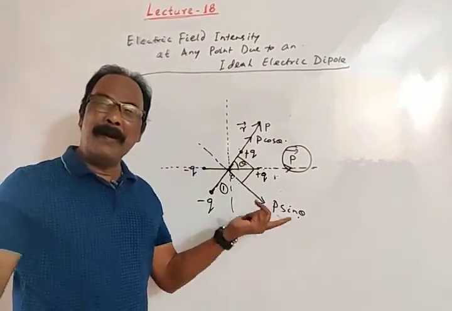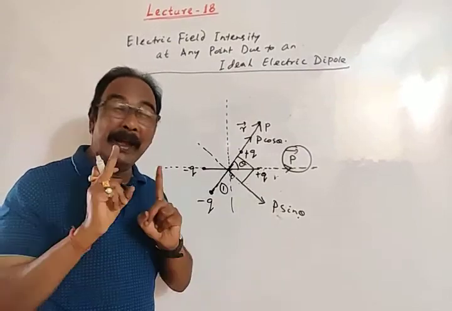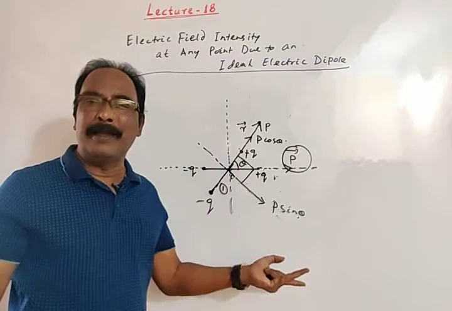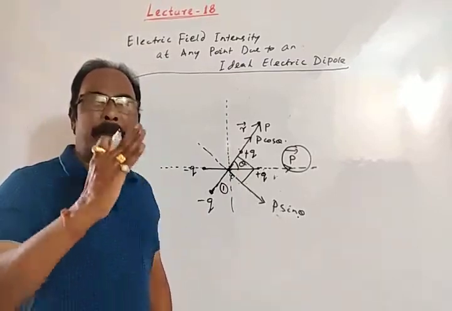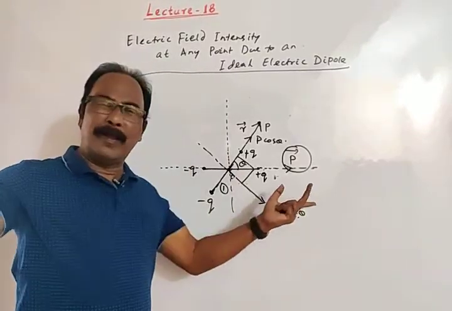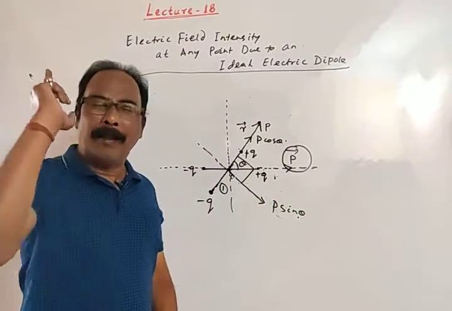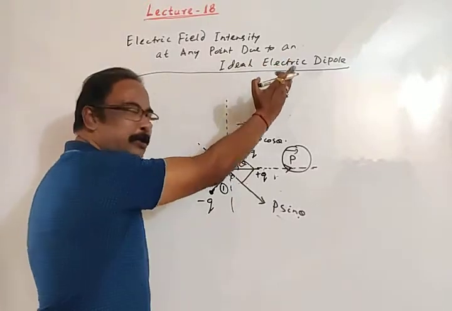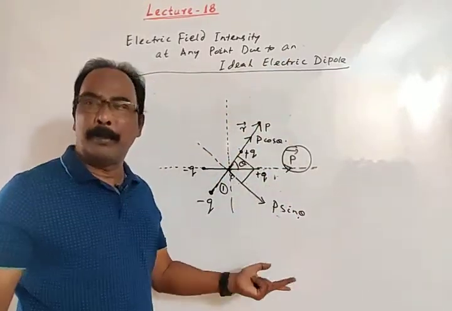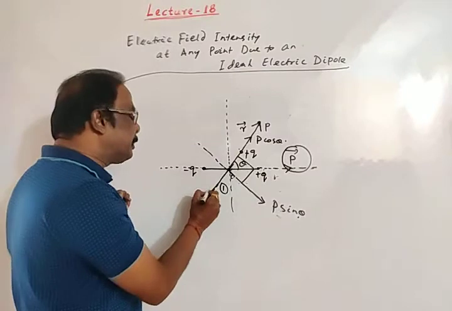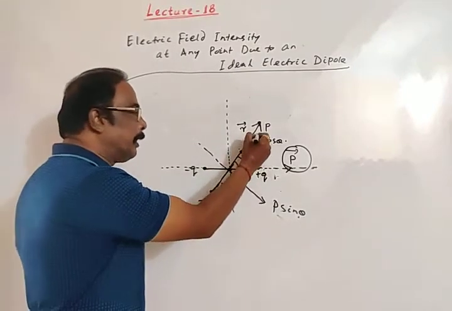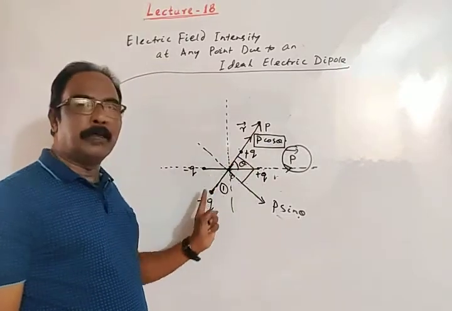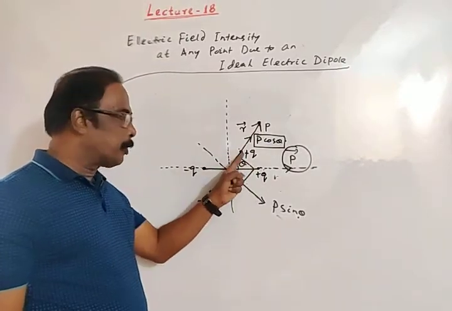Any point on axial line is end-on position, and on axial line electric field intensity is 2kP by r cube, and direction of electric field intensity at any point on axial line is directed from minus q to plus q or parallel to dipole moment. See, if this is minus q, this is plus q. Taking P cos theta into our consideration, we have imagined a dipole minus q and plus q.